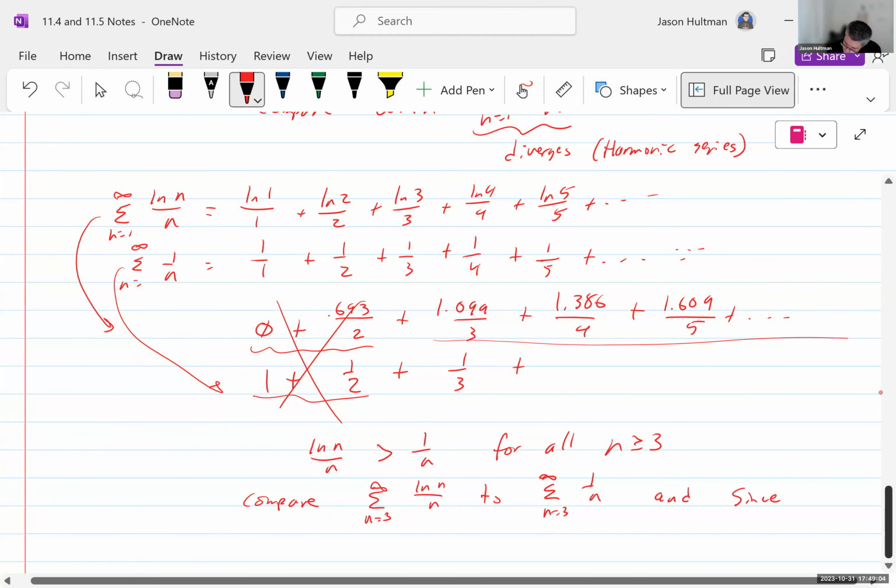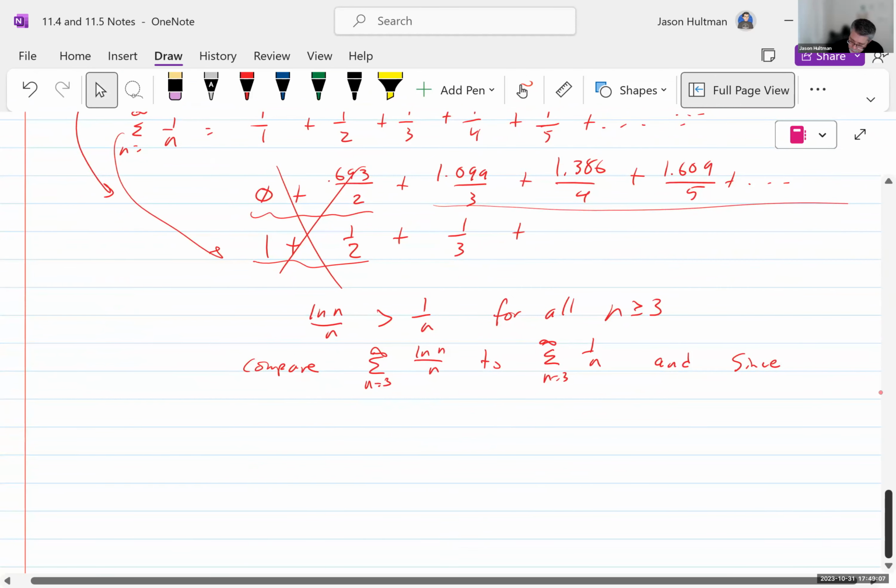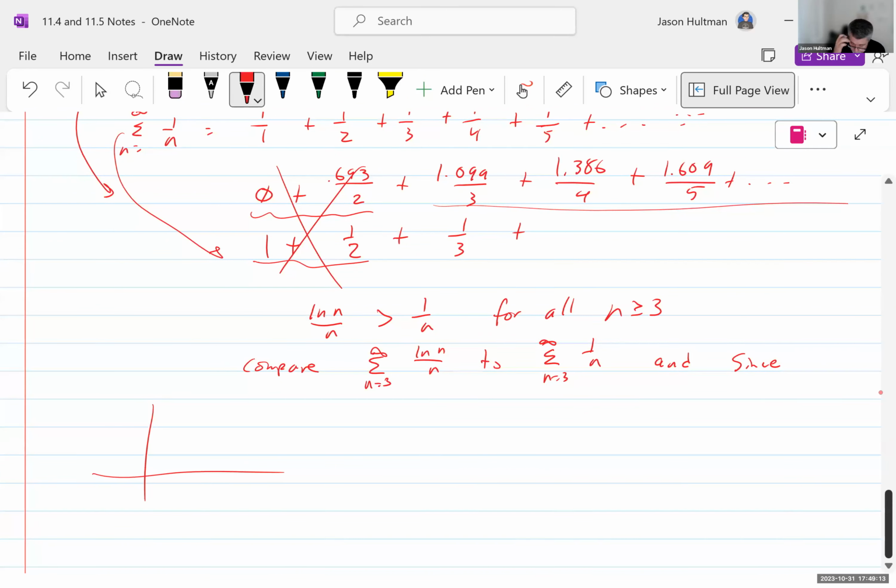And the natural log of n terms are always bigger than the terms of 1 over n. 1 over n is small, but it diverges, and natural log of n goes like that, and then this becomes natural log of n over n. So we're just saying, start at 3, and compare that to that.